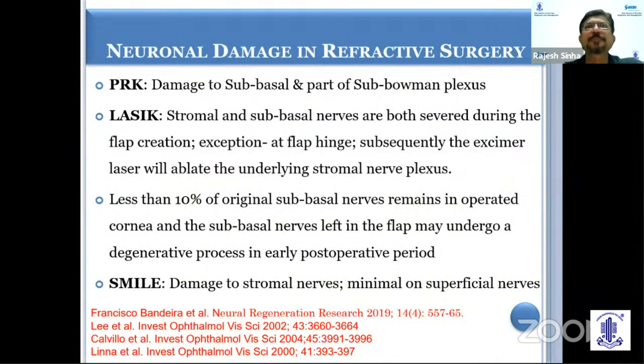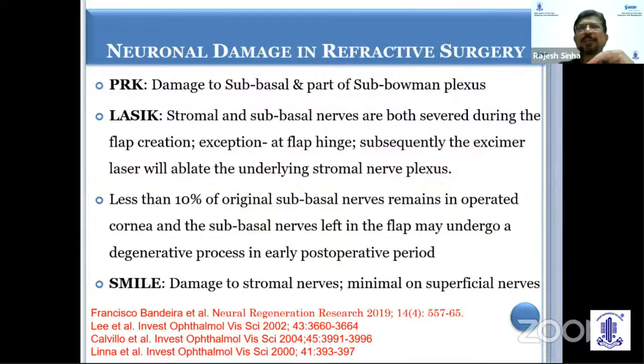Now, multiple studies have been done, and this is one study by Francisco et al., which is a review article that has evaluated most of the studies. It's a very interesting review article to read, and various studies have been quoted in it. In that, studies have shown that in PRK, you debride the epithelium and then you ablate the stroma.